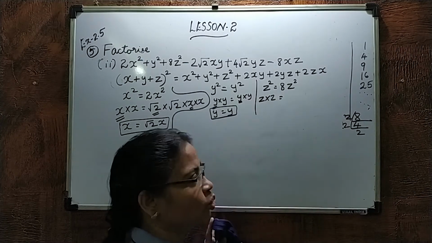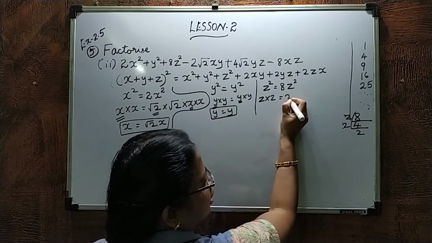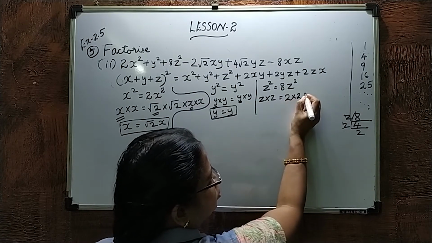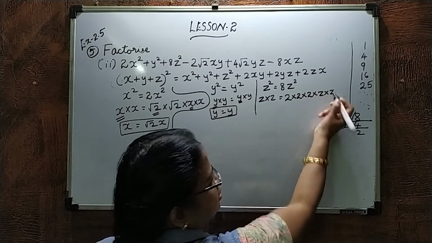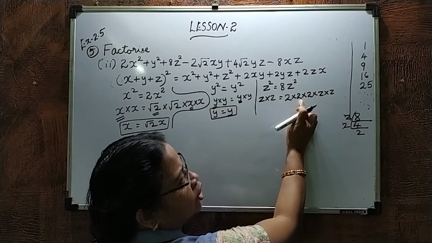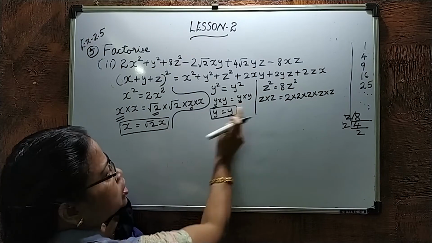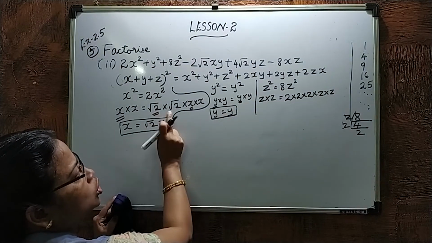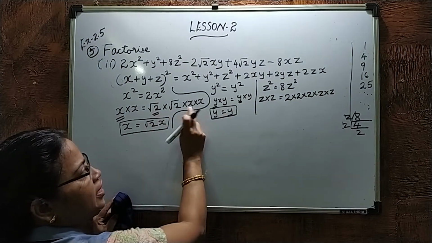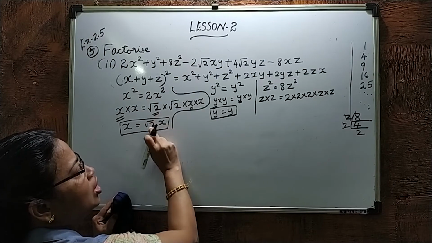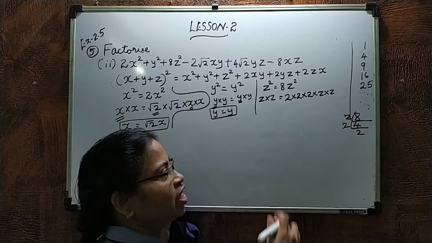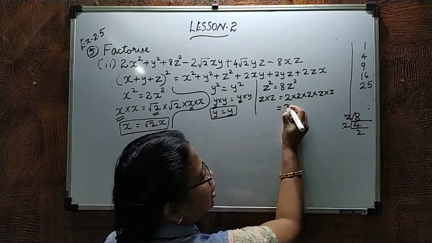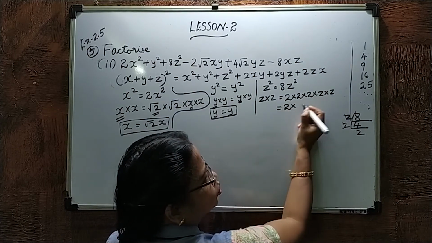Prime factorization, you know. So for this 8, we will write like this: 2 into 2 into 2 into z into z. But here it is not, now look here, it is root 2 into root 2, then x into x. From there you are taking 1 root 2, 1 x. Here can we do like this? So again what you have to do is make this 2.